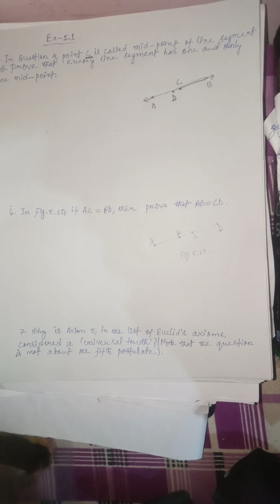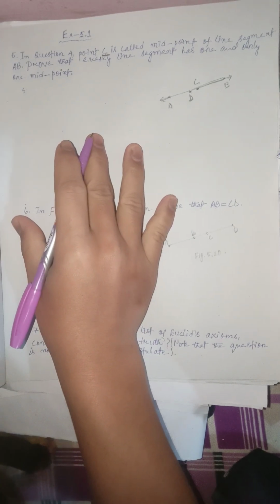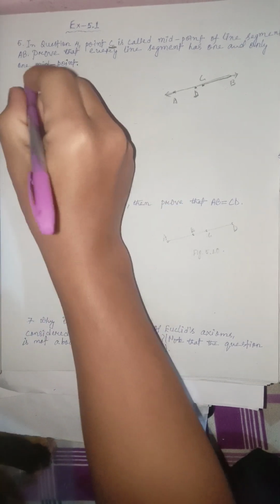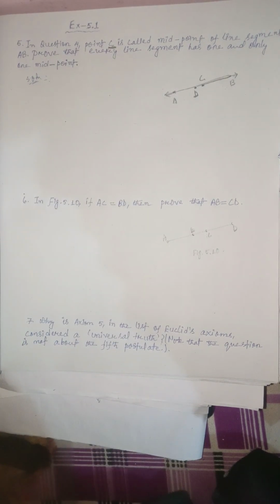Now let us start with the main things. Let us write it from here. It will be the solution. And what is the question? In the question, it is given to us that C is called midpoint of line segment AB.